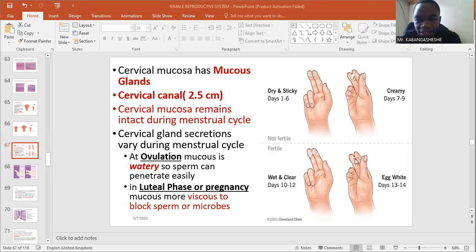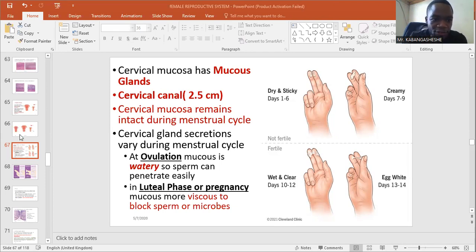But in other stages of the uterine cycle, for example, the luteal phase and during pregnancy, the secretion from this gland is thick and less slippery, like we can see here. So in these stages, fertility is low. And if there's pregnancy, this mucus blocks or occludes the cervical canal.